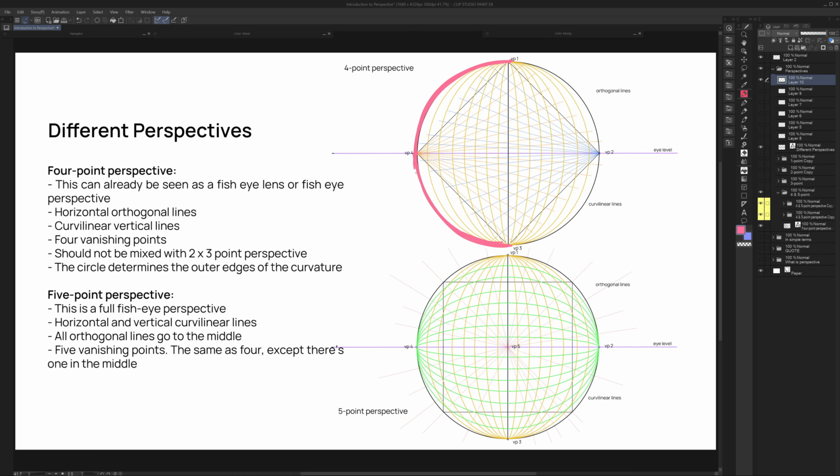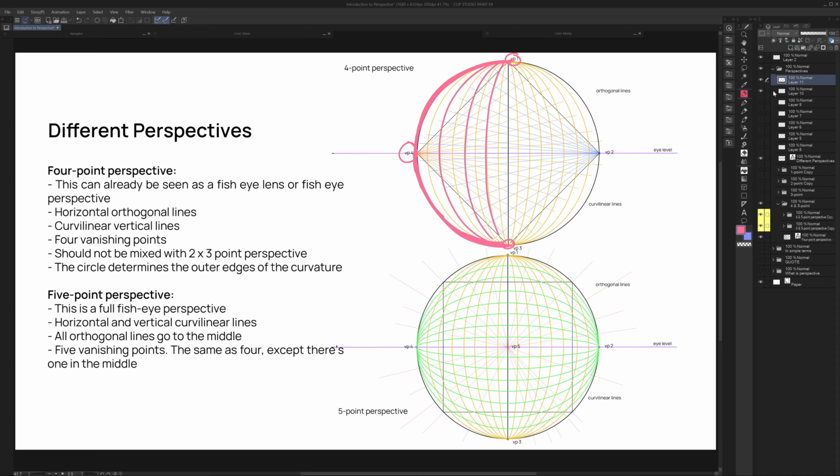So this is the curvature that determines the curvilinear line's curvature. I know it's a bit of a mouthful, to be honest, but that's how it works. So these are the ones that determine the curvature.